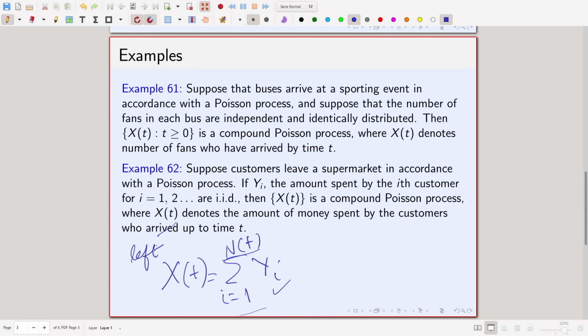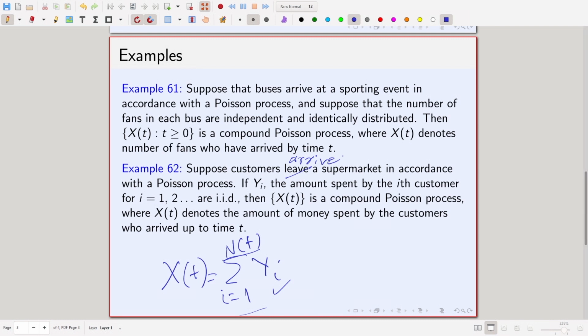Again, it does not matter whether we say arrived or left.